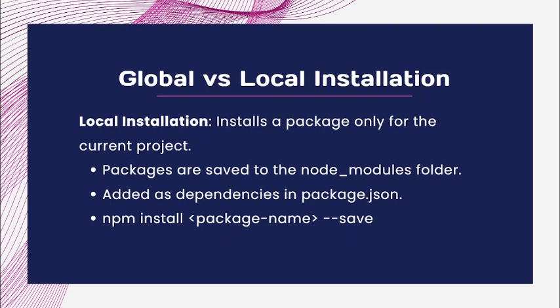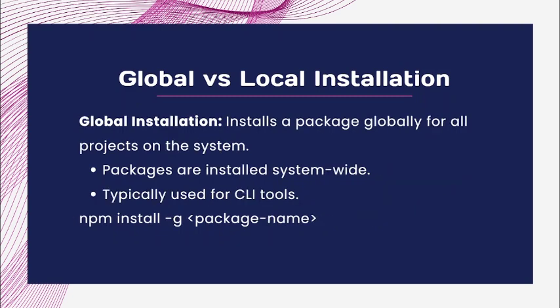And if you want to install a library locally, this is how you go about it. You just type npm install, the package name, and then --save, okay? And this is going to install it locally in that particular project, okay? Now let's move on to the global installation. With global installation, once you install it, it's globally available for all projects on your system, okay?